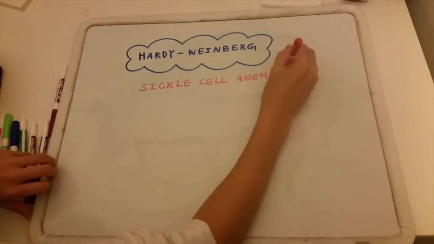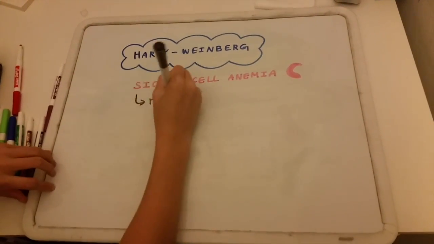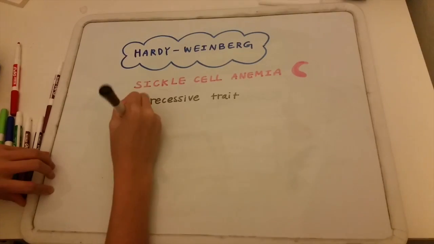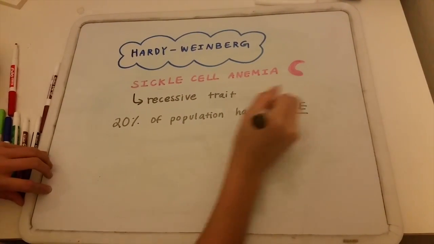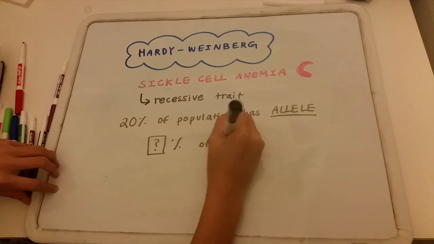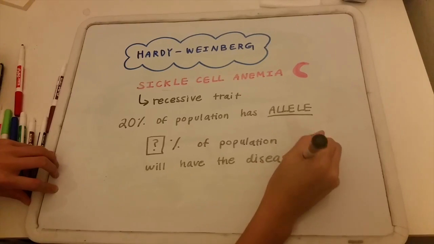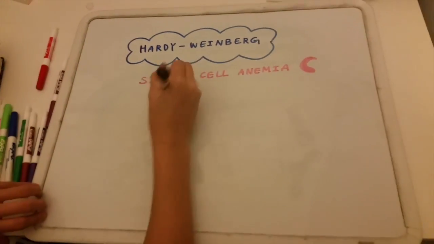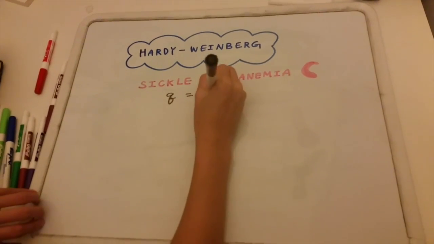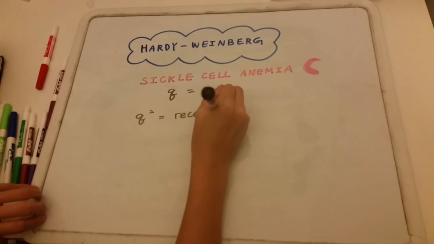Let's take a look at a practice problem with sickle cell anemia. If the disease is a recessive trait and 20% of a population has the allele for the disease, what percent of the population will have the disease? 20% of the population has the allele, so q equals 0.2.